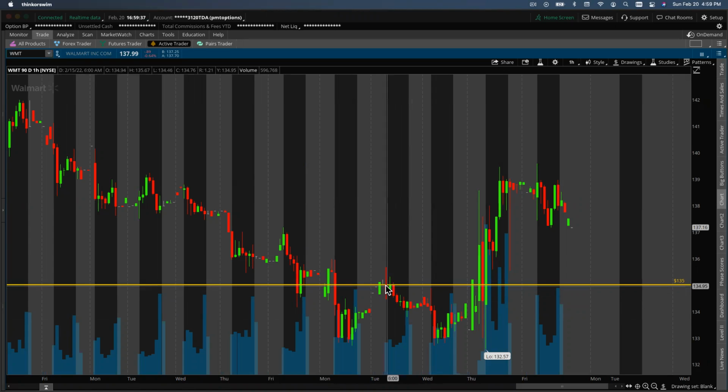And so what I wanted to show you guys here is that look, the close in this green candlestick right here, that happened on Tuesday, which was less than a week ago. We literally closed on the resistance of 135. So you can see here that probably the institutions and other buyers like day traders and investors caught that resistance of 135.